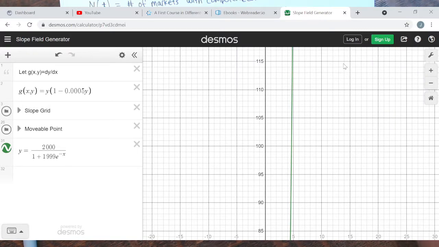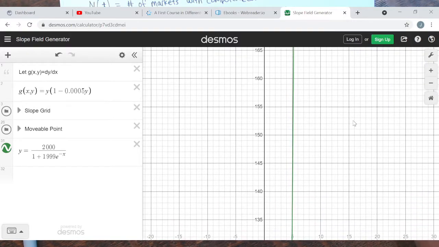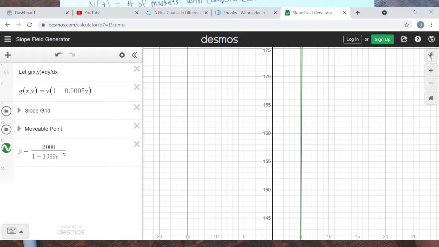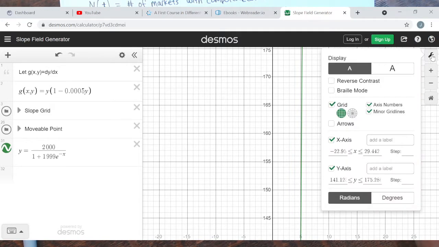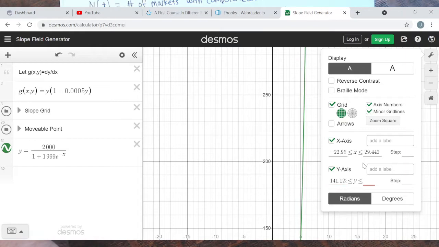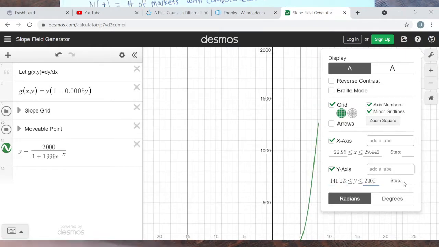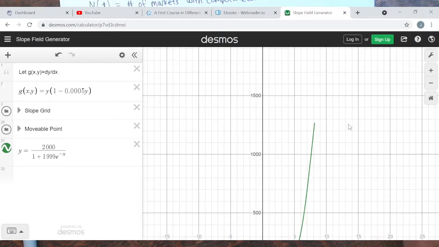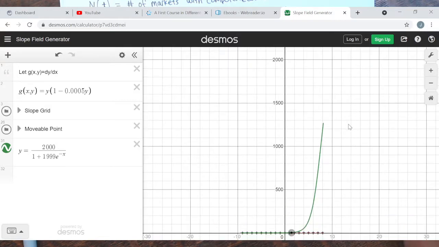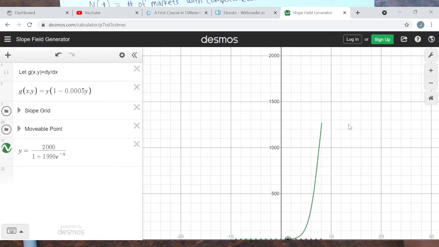But then as t grows, it's larger and larger, and maybe I should change the window. Yeah, let's have the y-axis max out at 2,000, and maybe have the step be every 10 or something. All right, that's not a great graph.